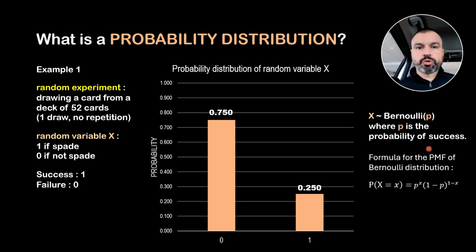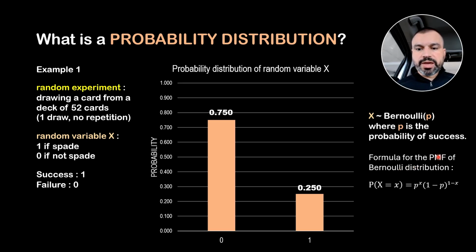PMF stands for probability mass function, and that's what you're going to have when you deal with discrete probability distributions. And when you're dealing with continuous probability distributions, you're going to have a PDF, a probability density function, associated with the specific probability distribution you're using.